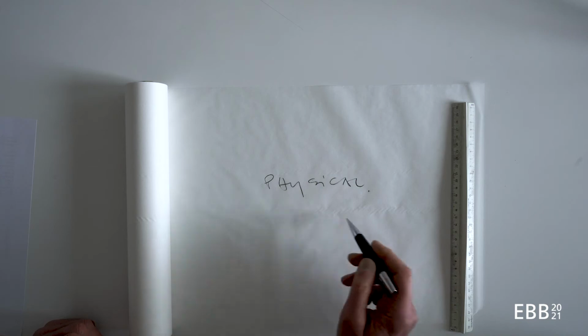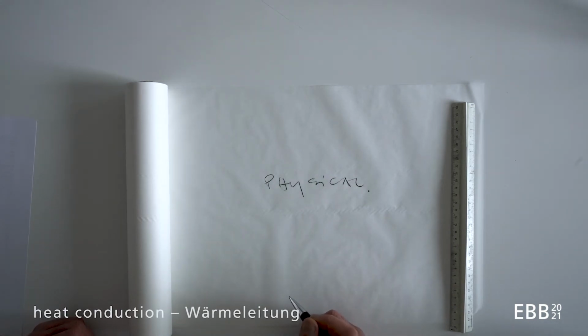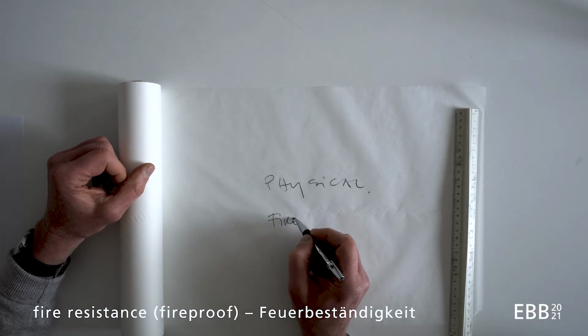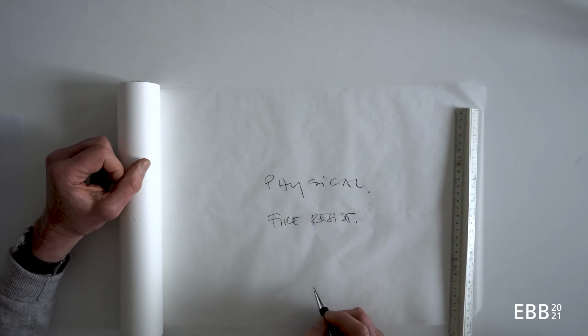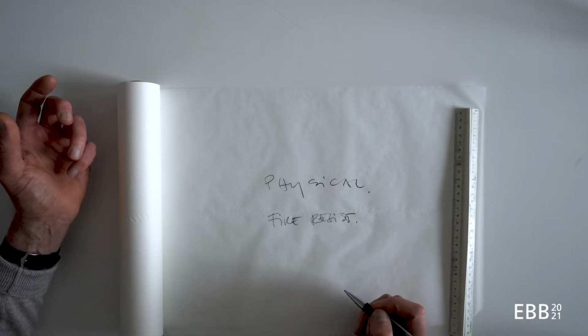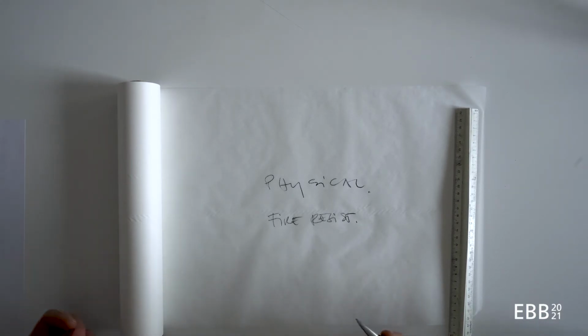Normally, the higher the physical density of the material is, the better it conducts heat. Very important is fire resistance, and you will see that organic materials are less fire resistant, natural and non-natural organic materials alike. Minerals are quite fire resistant.